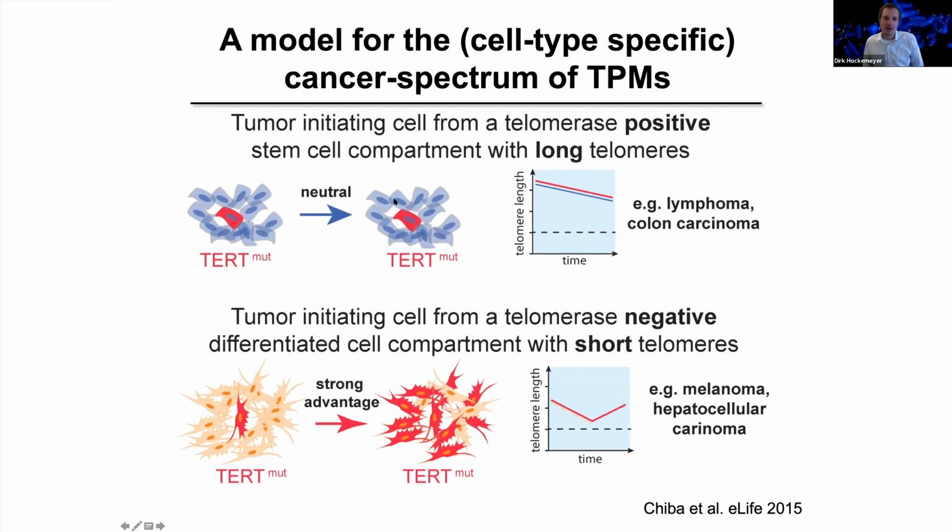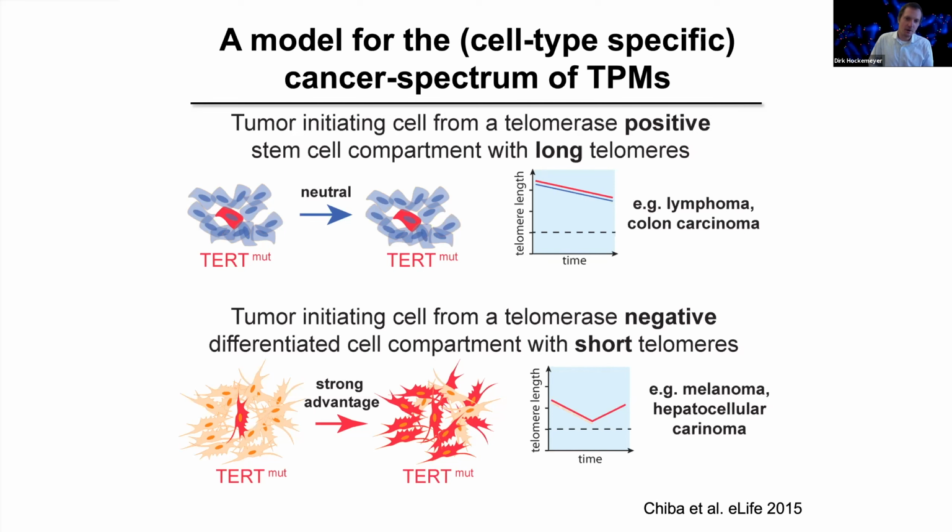And it highlights that the mutation only will exert its tumor promoting effect in a cell that actually undergoes telomere shortening, that turns telomerase off, and in a compartment where the proliferation is actually restricted by telomere shortening, such as a tumor initiating cell in melanoma or hepatocellular carcinoma.